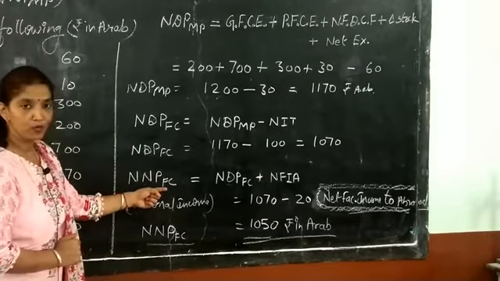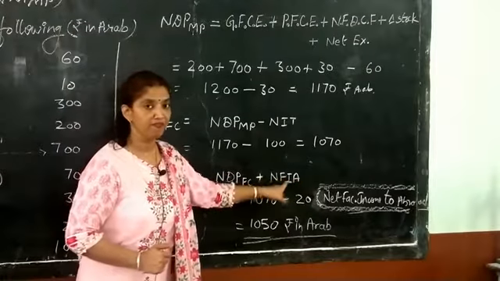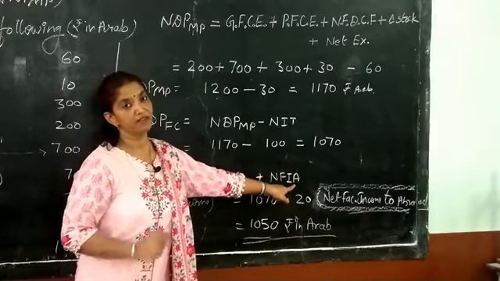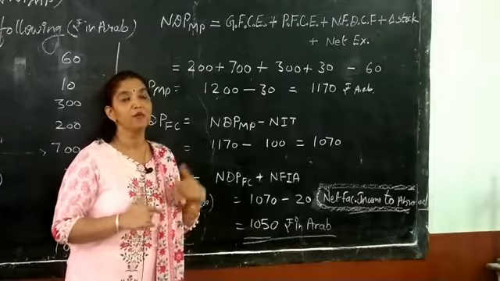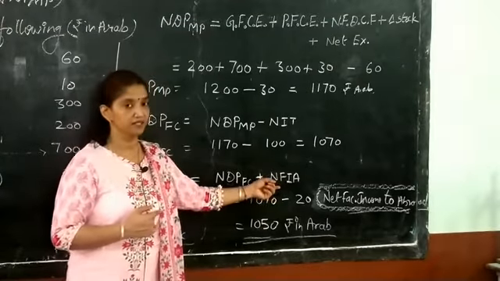NNP at FC is calculated by adding NDP at FC plus NFIA, net factor income from abroad. If it is given as from abroad, then we add, and if net factor income to abroad is given, then we subtract this value.